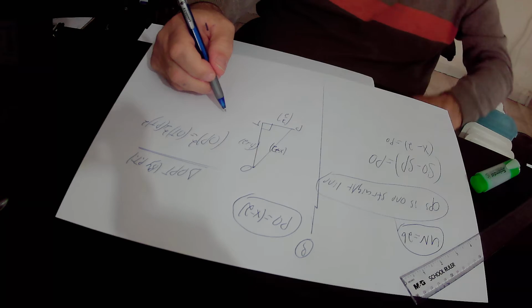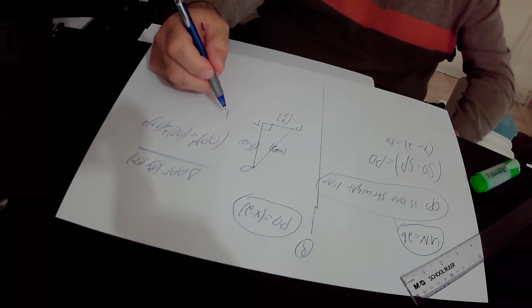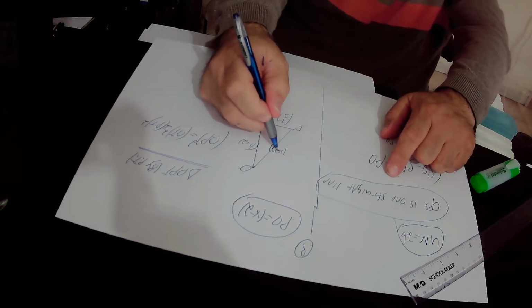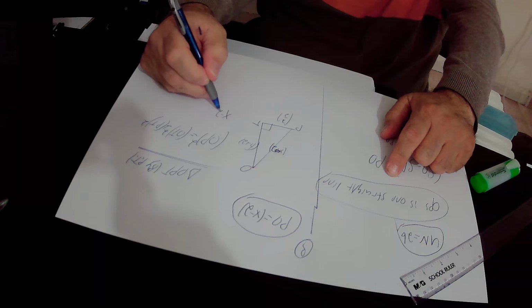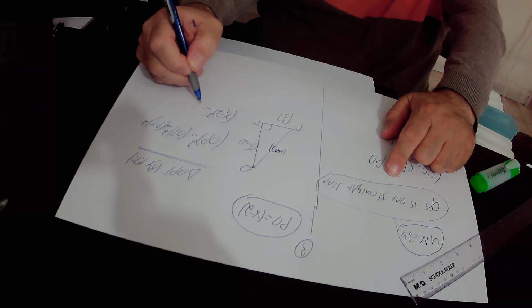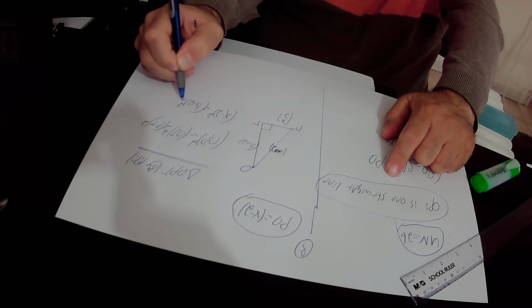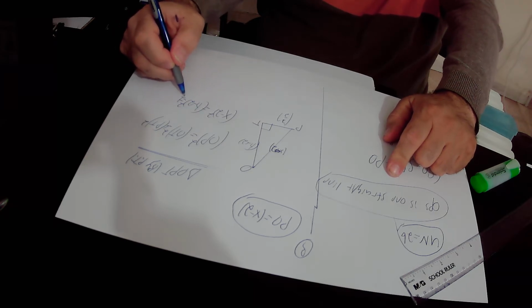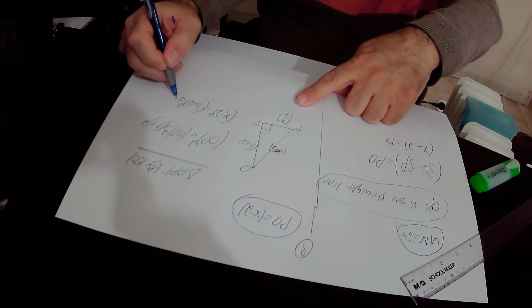OP is x minus 2, therefore OP square is x minus 2 square. It is equal to OT square. OT is h plus 2, therefore OT square is h plus 2 square, plus PT square. PT is 7 over 2, therefore PT square is 7 over 2 square, that is 49 over 4.